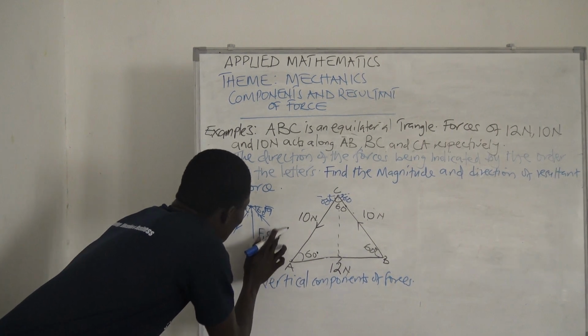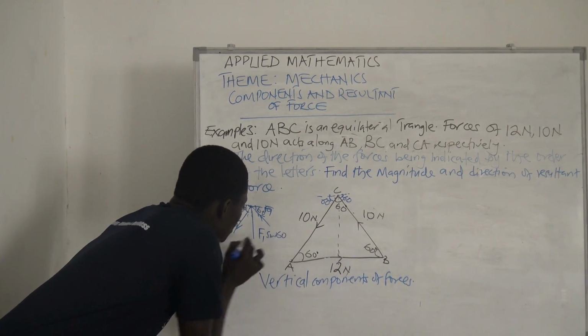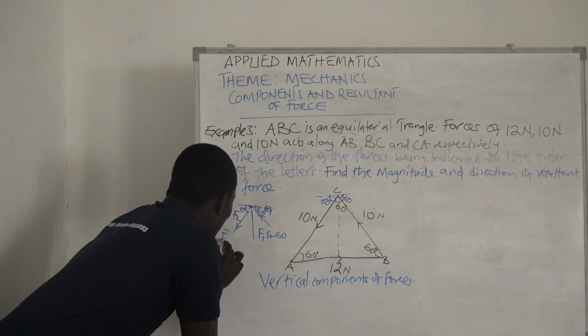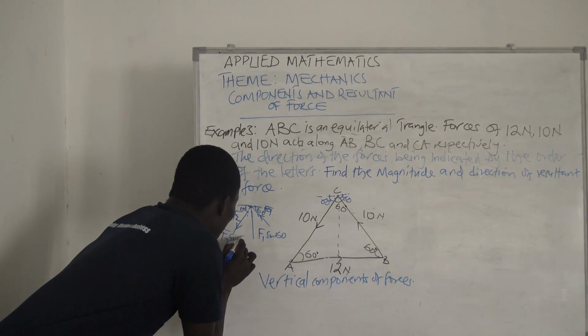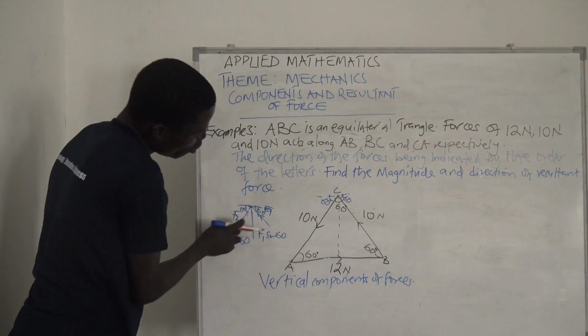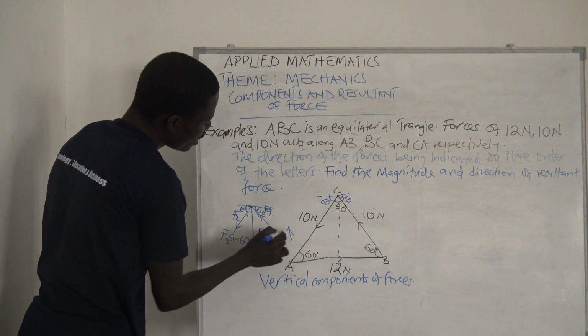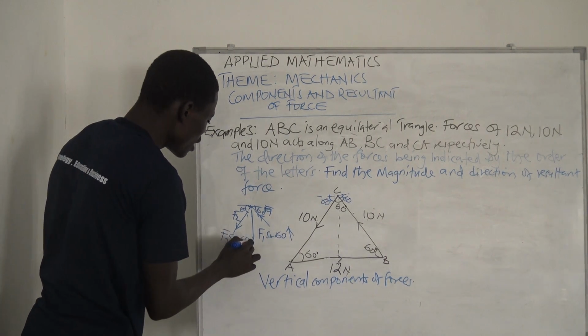So it will be F1 sine of 60, and this one will be F2 sine of 60. But since they are moving in different directions, this one will move upwards and this one will go downwards.